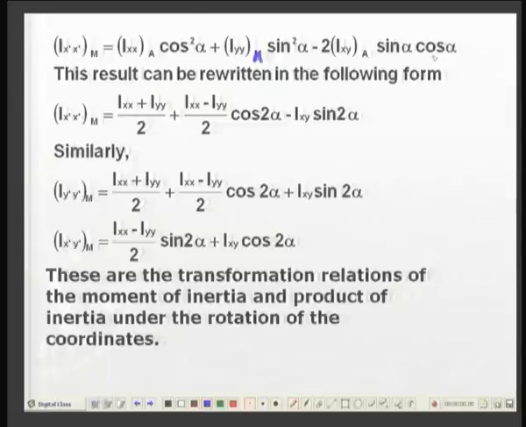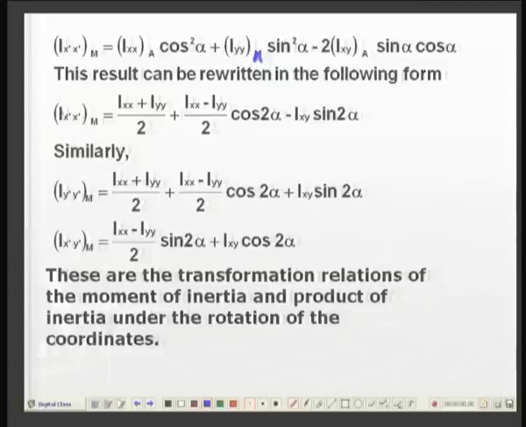And if you use trigonometric identities, we can convert cosine square alpha, sin square alpha, etc. into the corresponding expression for cosine 2 alpha.